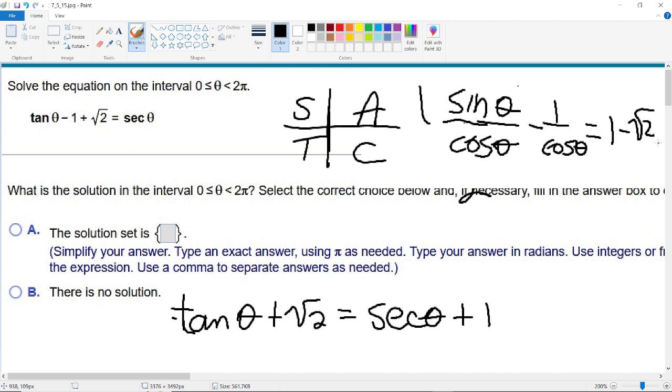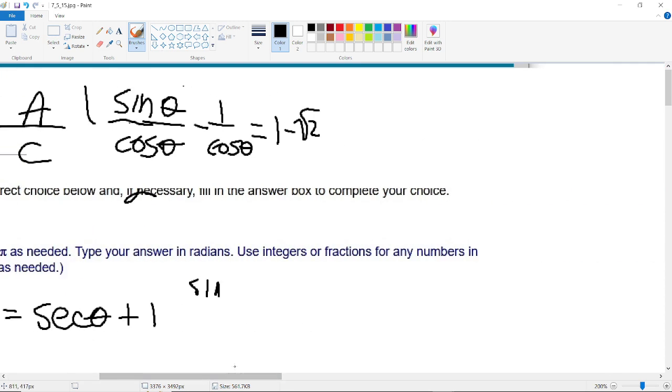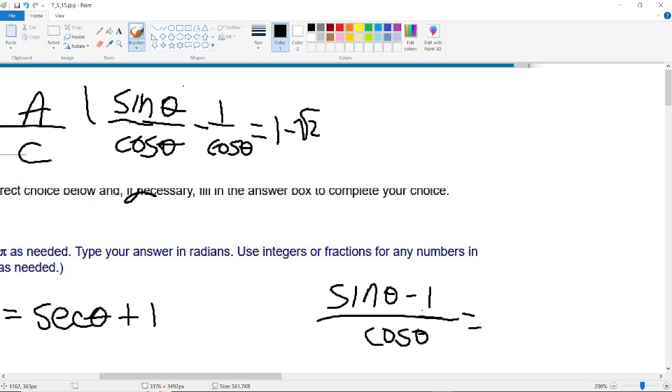So I get sine theta... I'm just adding, oh, they're already over a common denominator. So I have sine theta minus 1 over cosine theta equals 1 minus square root of 2.